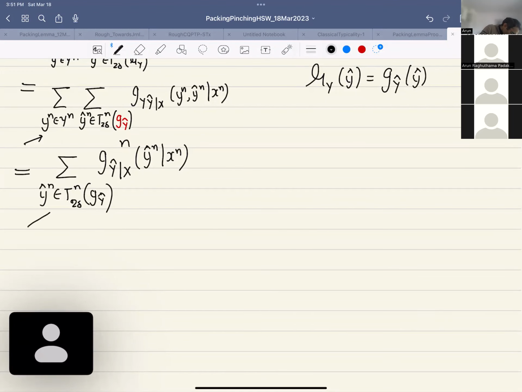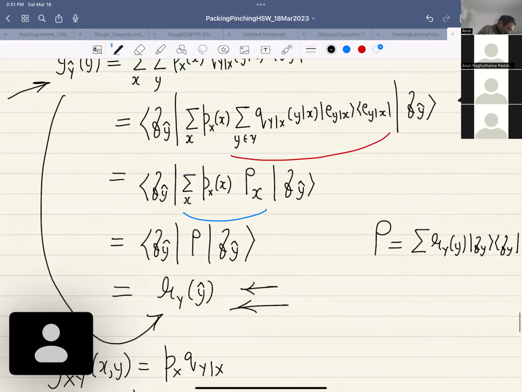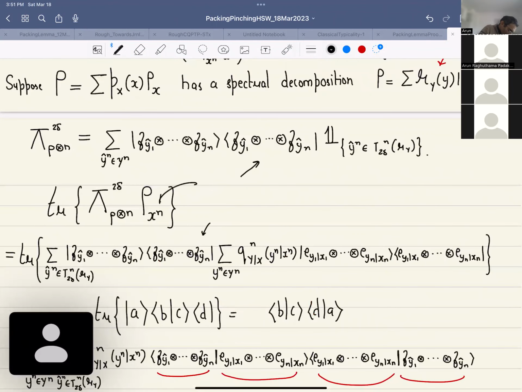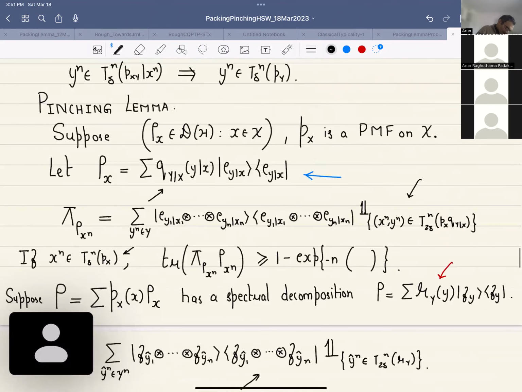This is the unconditional typical set of g y hat. But xn, where is xn? Xn is in T delta n px. Recall the whole thing that we are trying to do. This is what we are trying to do. And our xn is in T delta n px.